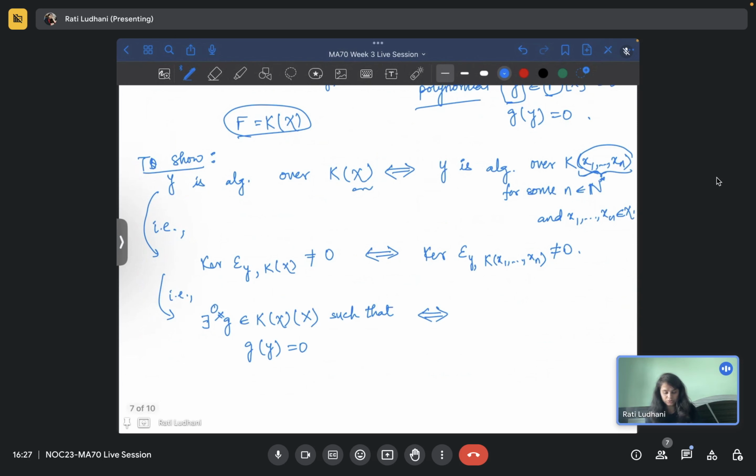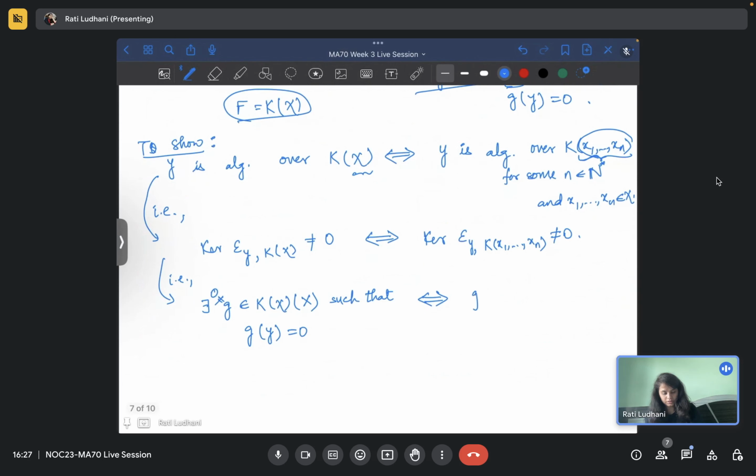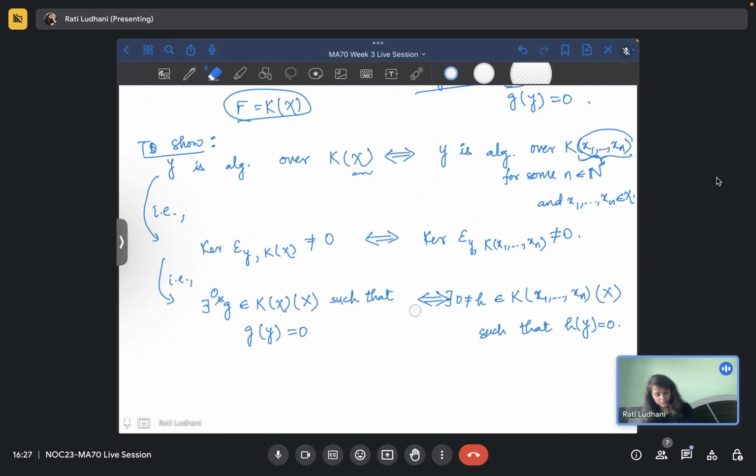So there exists some non-zero polynomial, and again I'll write some other non-zero polynomial h, there exists non-zero polynomial h belongs to the field x1 to xn x, such that h of y is equal to 0. So we have transformed this equation to our understanding now.